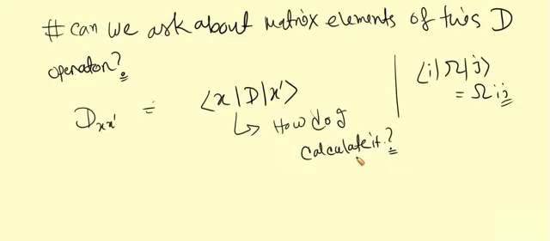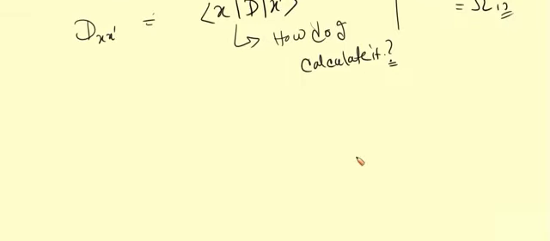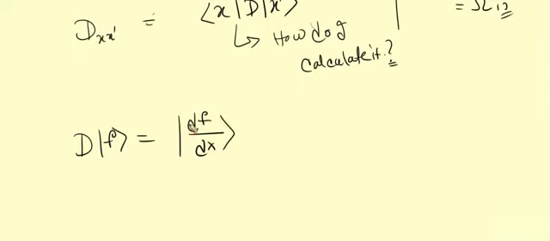What we're going to do is consider an integral that involves the derivative operator D and some abstract vector in the function space, ket f. If you do D f, this is giving you df/dx ket, right?